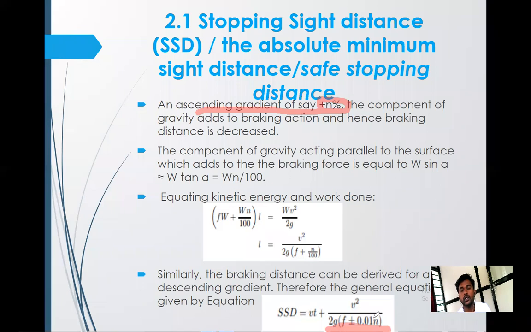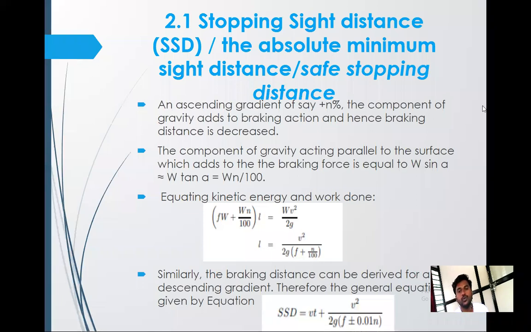Suppose it is given as 60% braking efficiency, then we have to use 0.6 F. Depending on the braking efficiency that is given, we use the F value. If it is not given, then use the general formula. That we have seen in the last lecture, and we have also solved some problems on that.